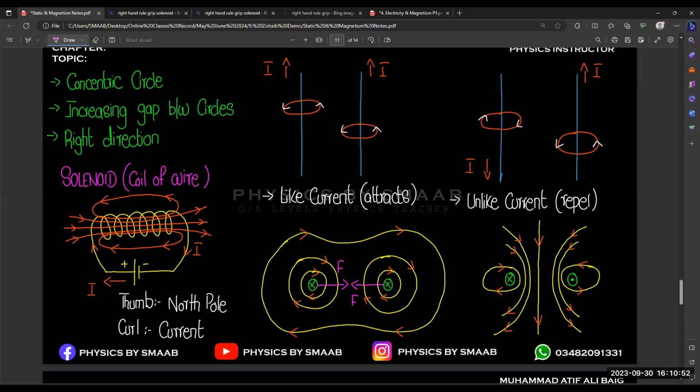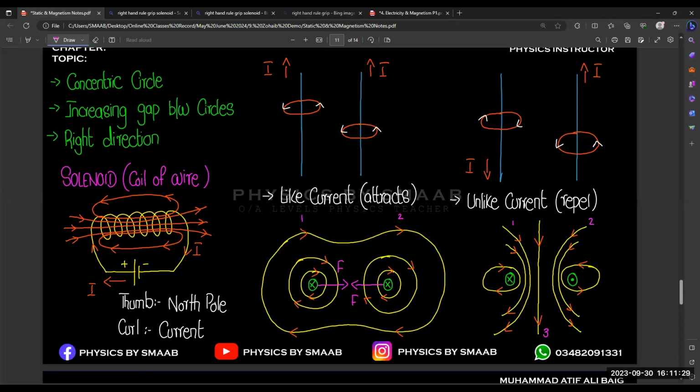You can see that if you consider this diagram into three parts, like at this point, and if you compare with this point and the second point, and in the repulsion case, this is the central line, right? But in the attraction case, there is no central line like the repulsion case, okay? Because they are joined with each other, so they are moving in different pattern, okay?